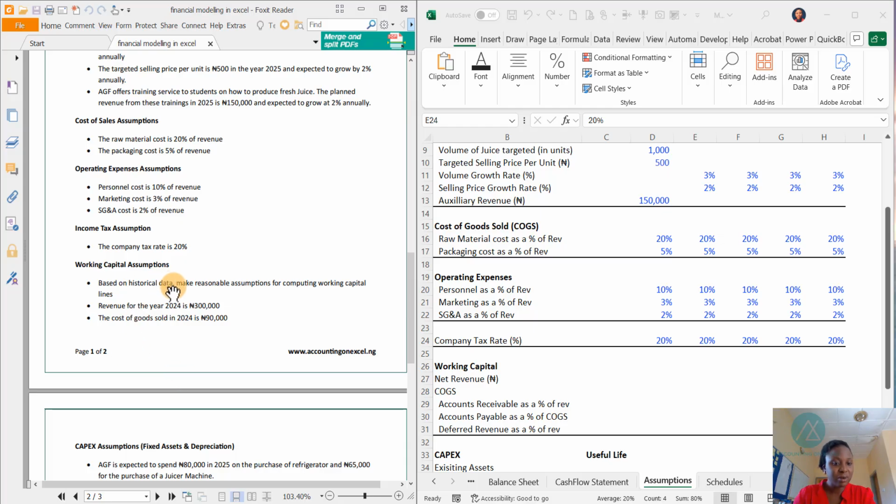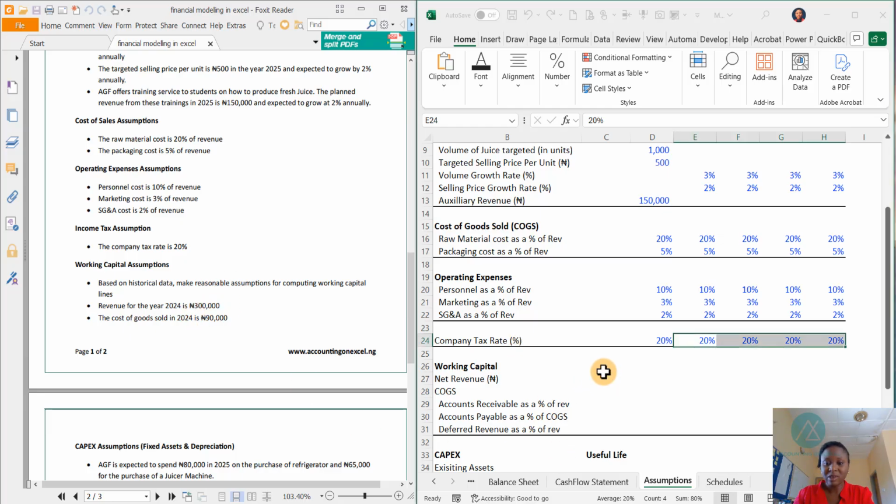Based on historical data, it says make reasonable assumption for computing working capital lines. Revenue for the year 2024 is 300,000, and the cost of goods sold in 2024. Mind you, the detail we have on this workbook is the balance sheet balance for 2024. But to compute working capital, we need the revenue and cost of goods sold, and it's not been made available for us.